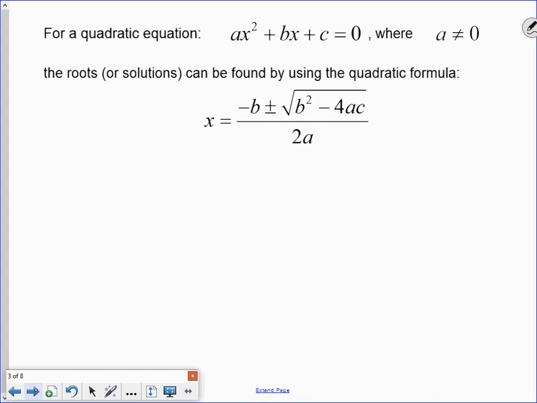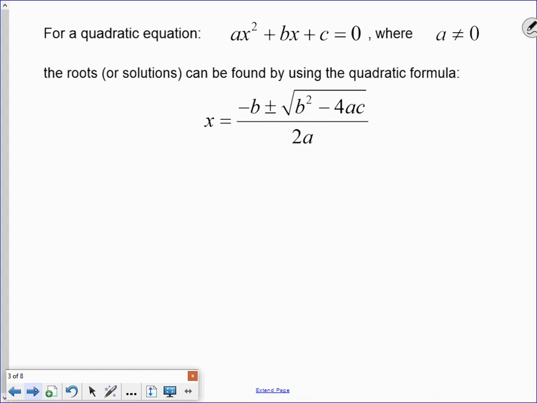The quadratic formula gives us another method to use besides factoring to solve these types of problems. So here is our quadratic formula. For a quadratic equation, ax squared plus bx plus c equals 0, where a does not equal 0, because if a was 0, it wouldn't be a quadratic equation, the roots, or the solutions, can be found by using the quadratic formula. And here it is. x equals -b plus or minus the square root of b squared minus 4ac, all divided by 2 times a.